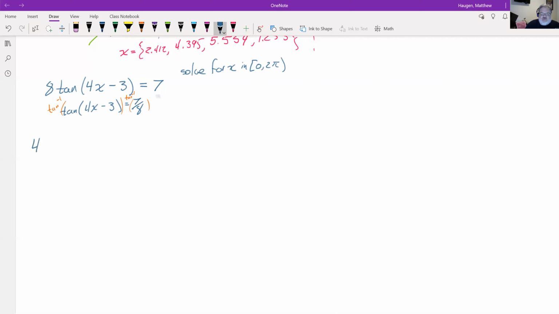So our 4x minus 3 equals our tan inverse of 7/8, which is 0.788. And that's in quadrant 1.